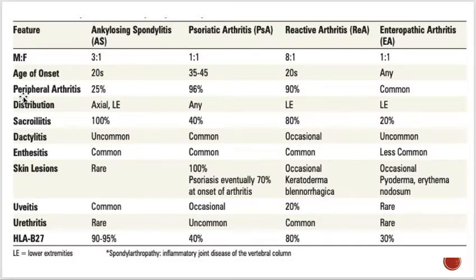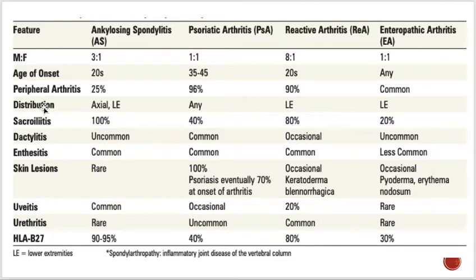All of these give arthritis, but some of them give more peripheral arthritis. Peripheral arthritis means involvement of the bones of the hands and the feet. So, psoriatic, reactive, and enteropathic do give it. Ankylosing spondylitis seldom gives it.